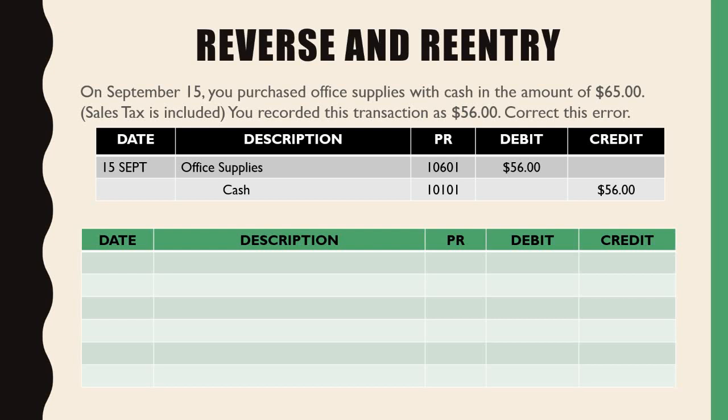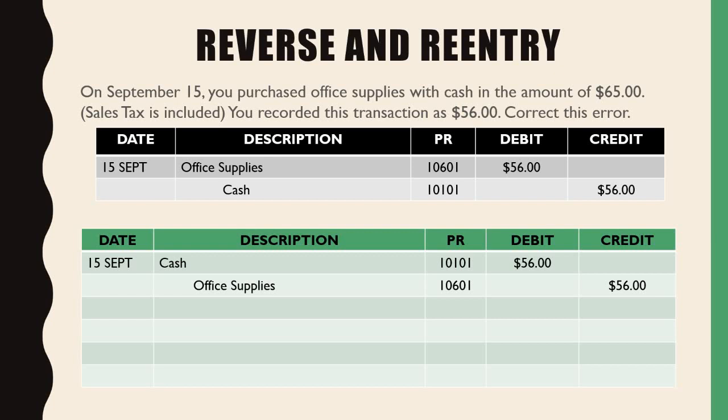Okay, so in this case, when we use the reverse and re-entry, the best way to understand this is think of it in real life. Okay, I bought office supplies, right? It's supposed to be for 65, but I recorded it as 56, okay? So that means I have it in my books at 56. So in order for me to reverse the transaction, I need to go back to the store and refund it, okay?